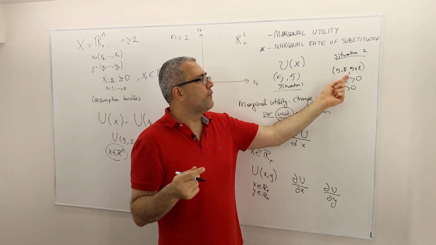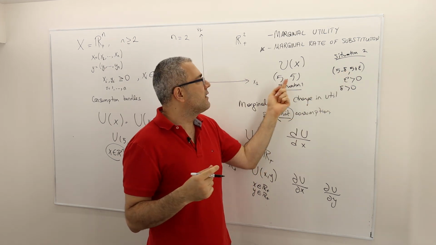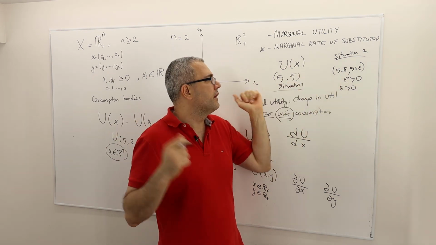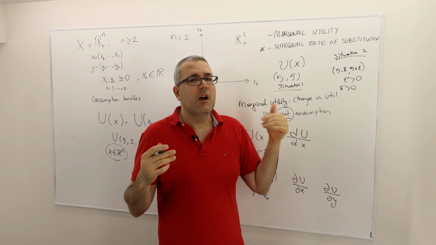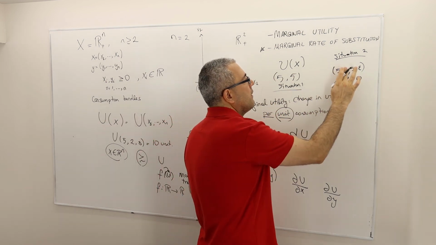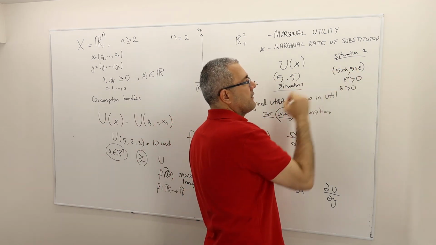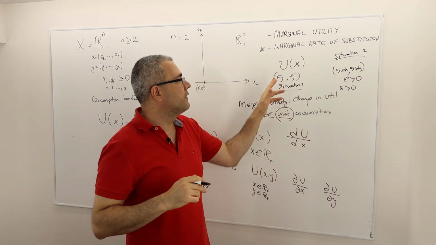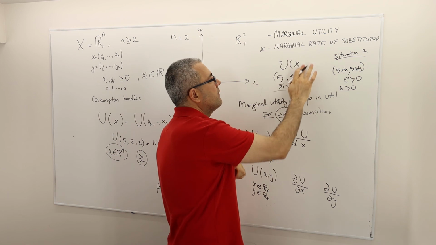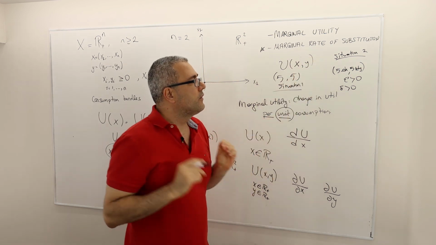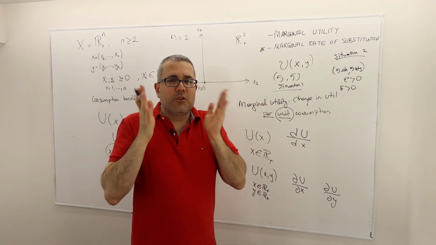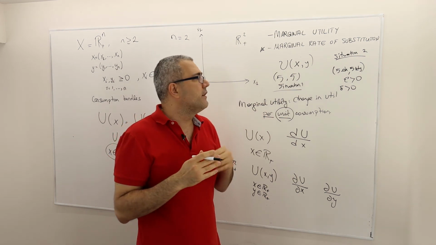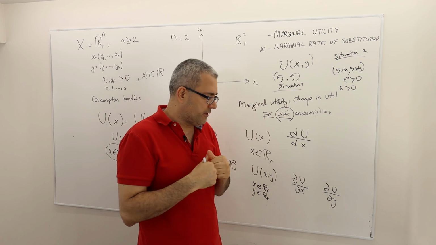This is per unit of change. If these are discrete goods, delta is going to be 1, 2, 3, and so on. But if it is not discrete, then it's going to be dx and dy, if this is good x and this is good y. So that's the intuition behind the rate of substitution and the marginal rate of substitution.